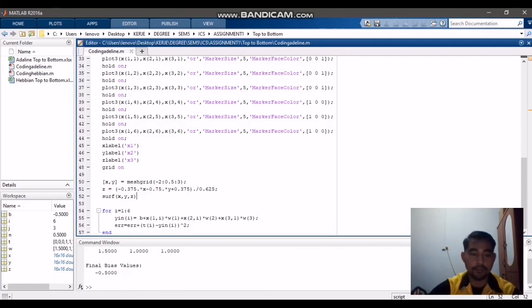And this is for y in equal to b plus x1i times weight of 1 plus x2i times the weight of 2, and x3i times weight of 3. And here let's see the result.